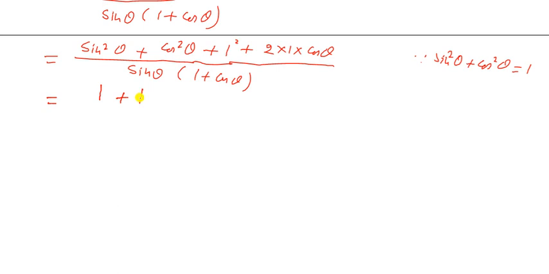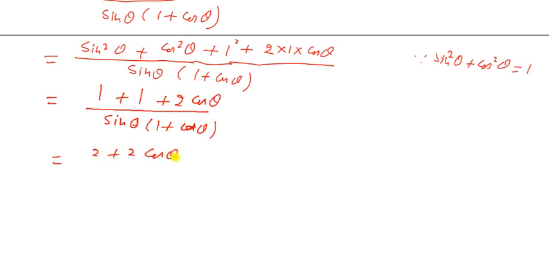So it is 1 plus 1 and 2 cos theta, and the denominator is sin theta and 1 plus cos theta. 1 and 1 make 2, so here is 2 plus 2 cos theta upon sin theta and 1 plus cos theta.